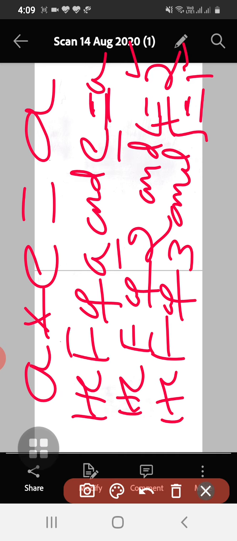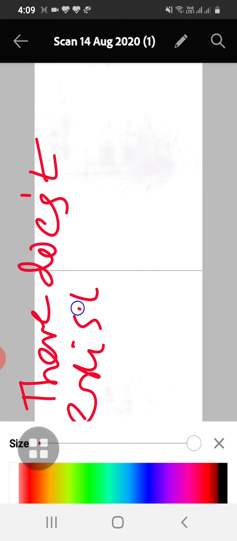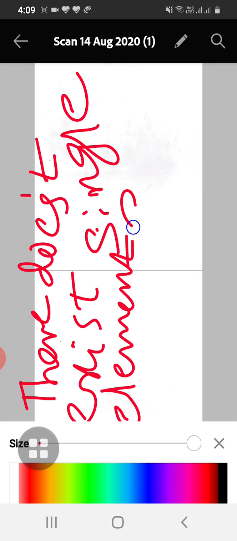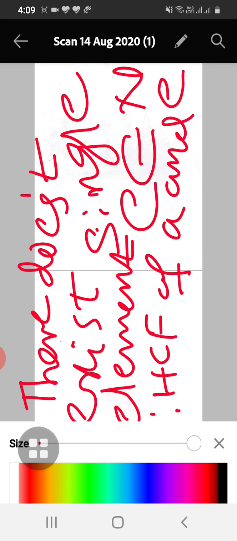We have to write this: there does not exist a single element E, of course belonging to the natural numbers, such that HCF of A and E is equal to A. This is very important.